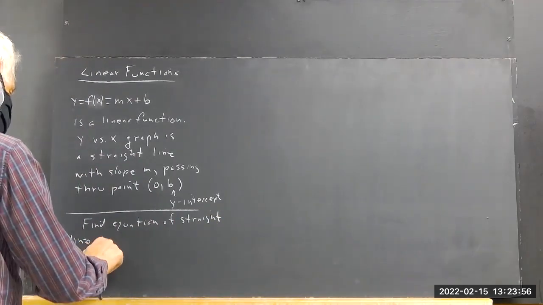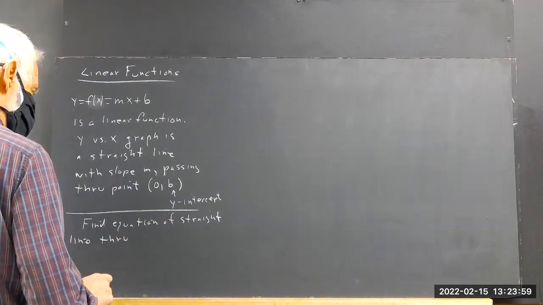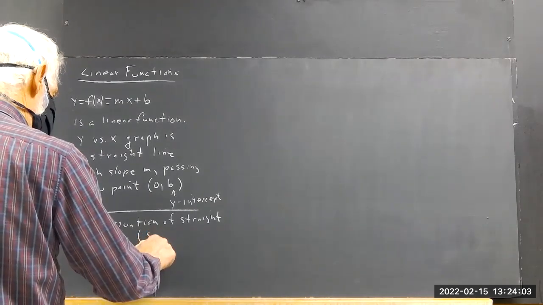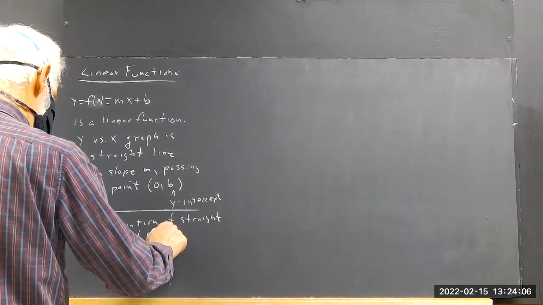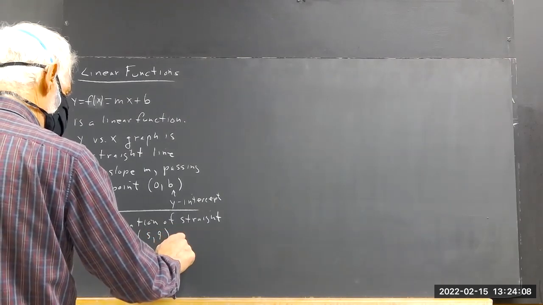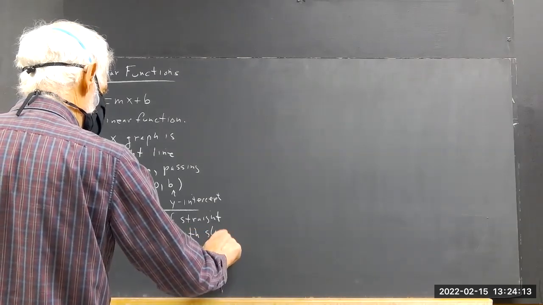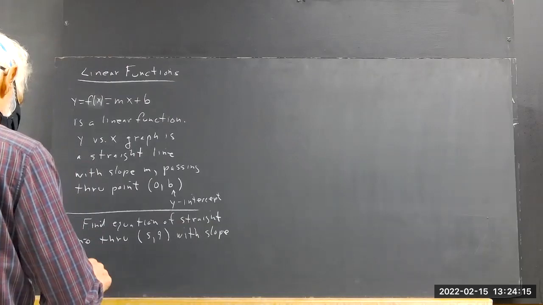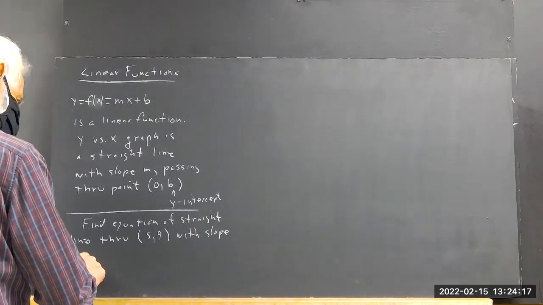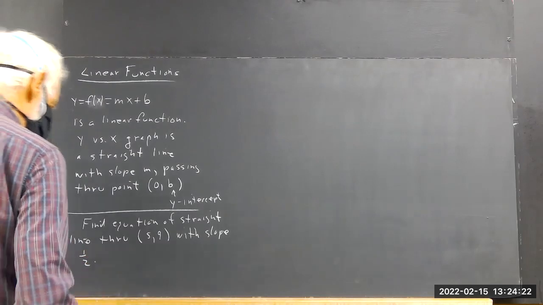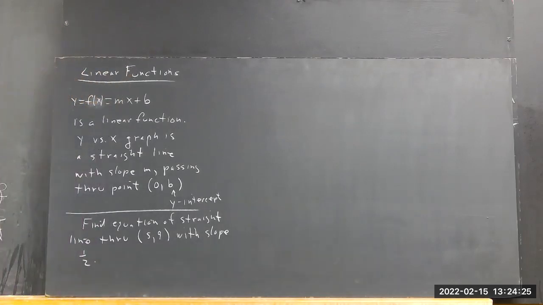The straight line through point 5, 9, with slope 1/2. Okay.